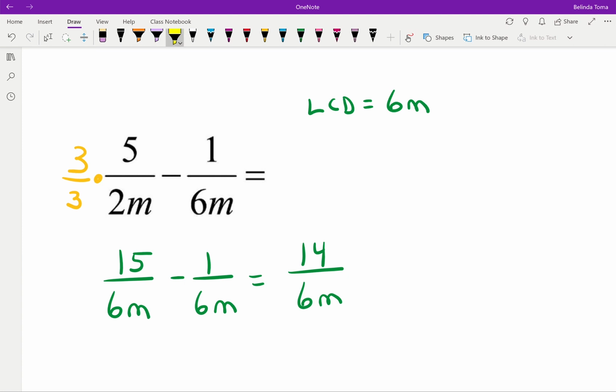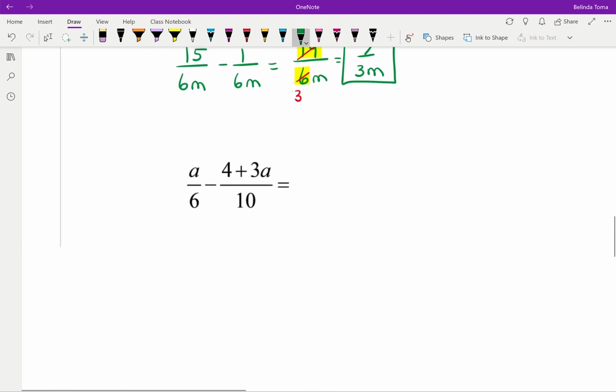Recall again that we want to always look to reduce, and because we have common factors in 14 and 6, we're going to take out a 2 in both, and so our final answer will be 7 over 3m.